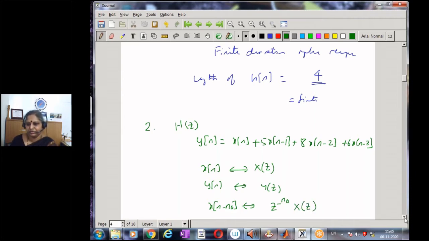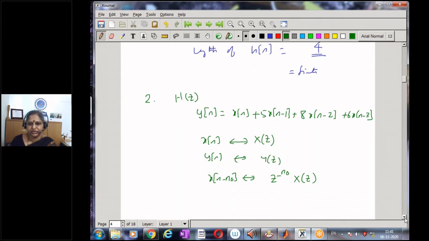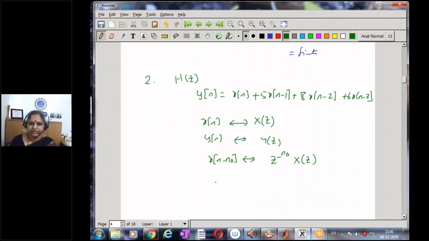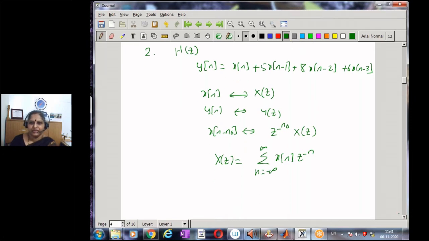This is the time shift property of the z transform. The z transform of a discrete time sequence is given by the sum from minus infinity to infinity of x of n z to the power minus n. This is by definition.